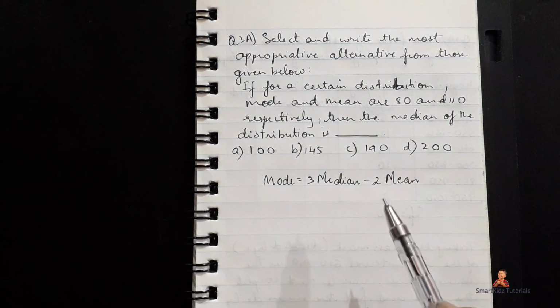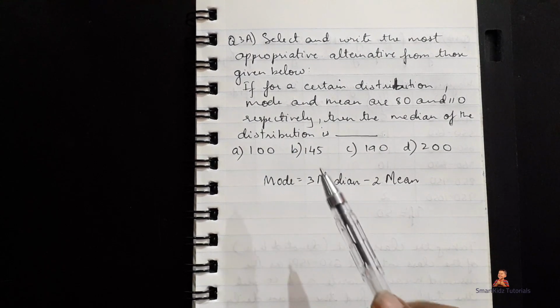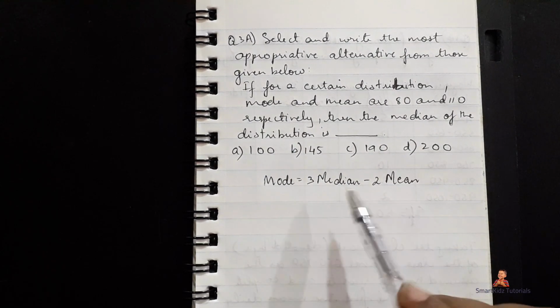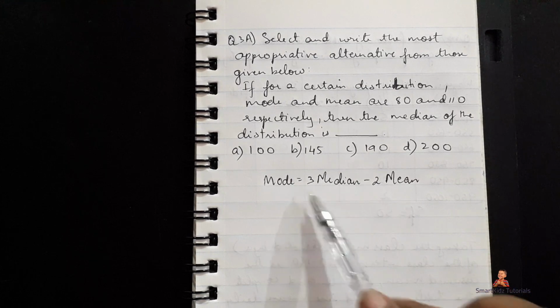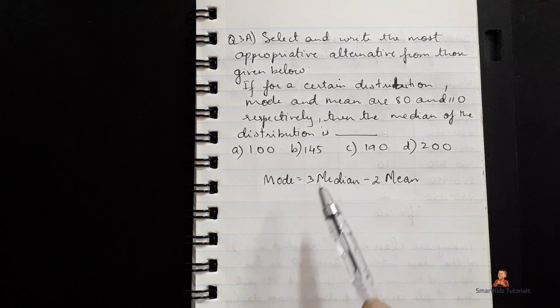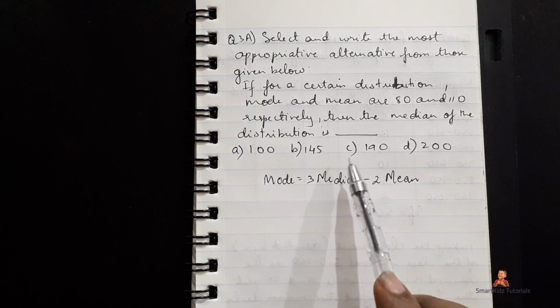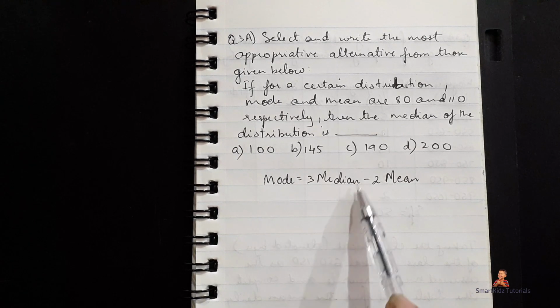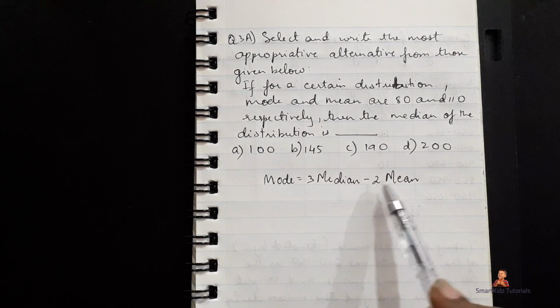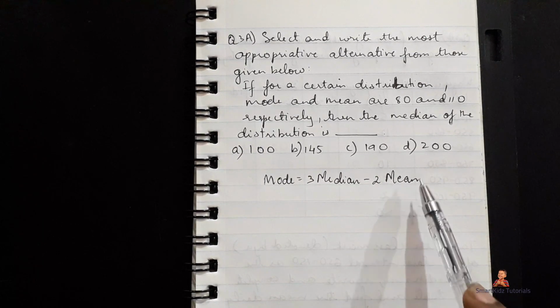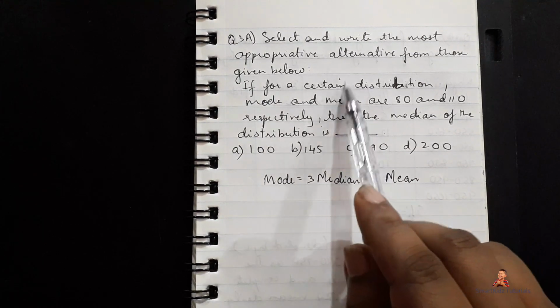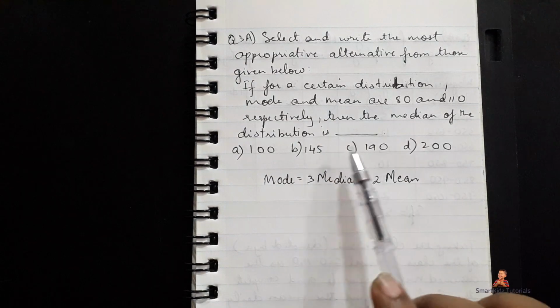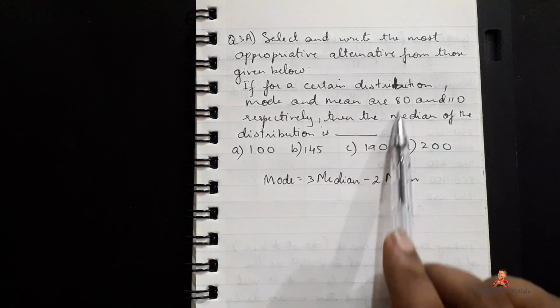So for any set of given data, if you work out the mode, median and mean, then you'll find that the answers are related in this particular fashion. That is, the mode of that particular data will be equal to 3 times the median minus 2 times the mean. So that is what we need to use over here in order to find the median of the particular distribution mentioned over here.